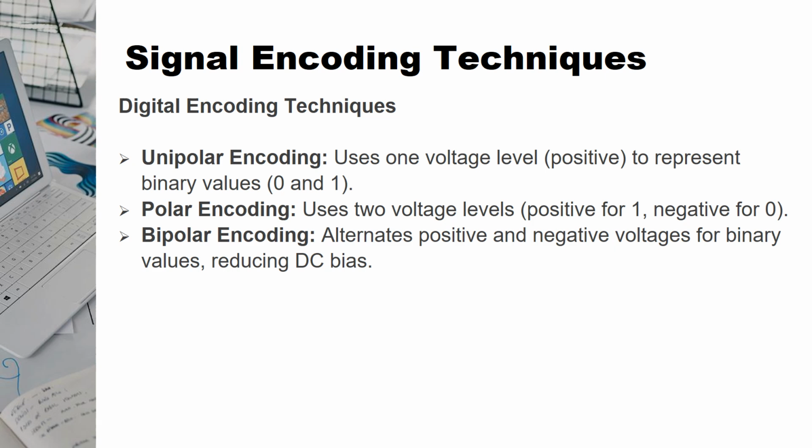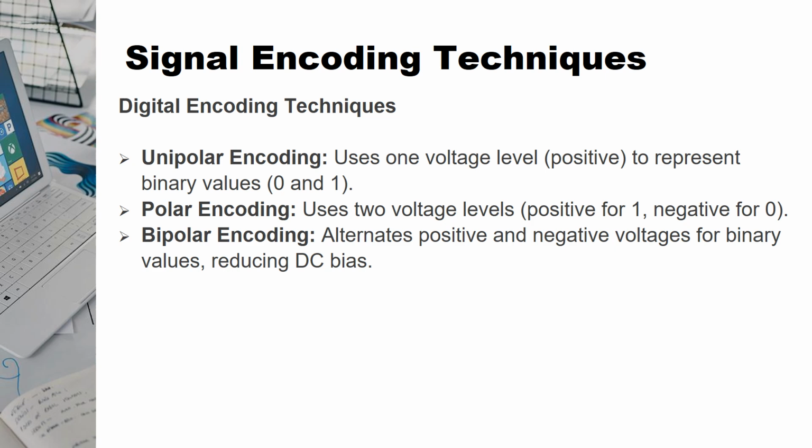Then on signal encoding techniques, when you're talking of unipolar, it uses a single polarity. The presence of a signal is represented by a positive voltage, while the absence is represented by 0 volts. Single polarity.